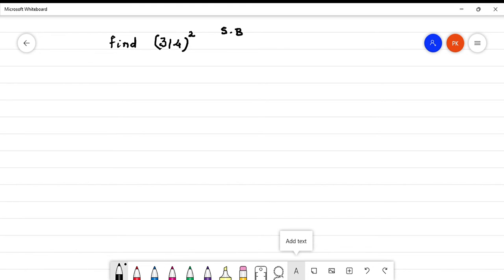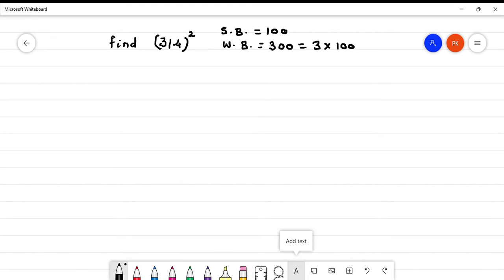Since it is a 3-digit number, I will take the standard base as 100. Okay, and working base. Now since the hundreds place is 3, working base is 300, which is 3 times 100, the standard base.